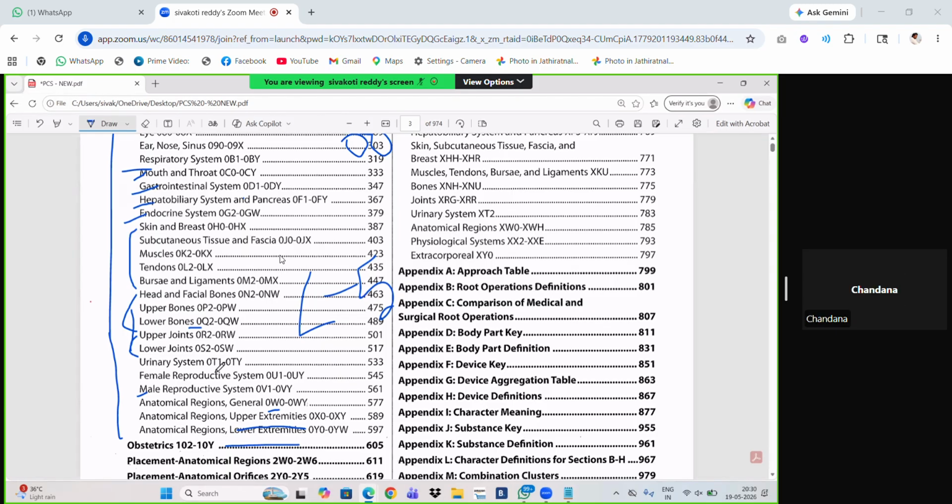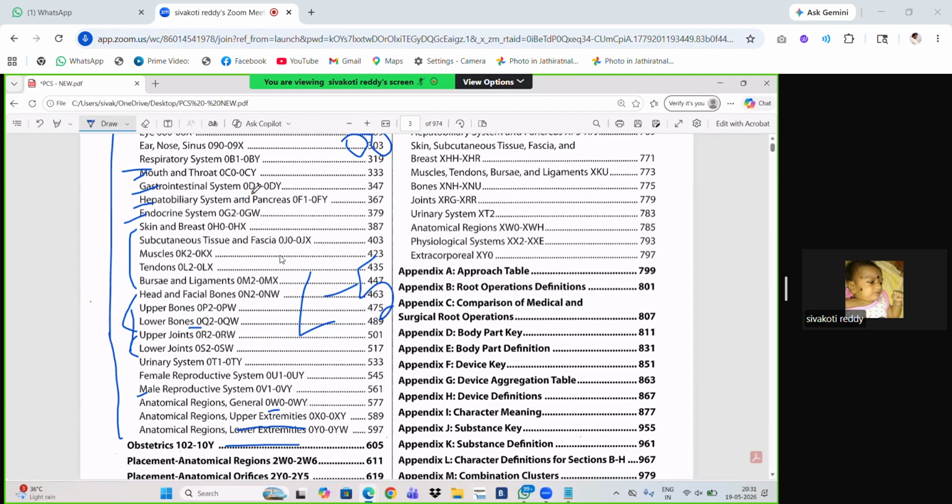Zero U. They done for the thyroid gland. Zero G. They done for the esophagus. 0D. Now you get idea, right?